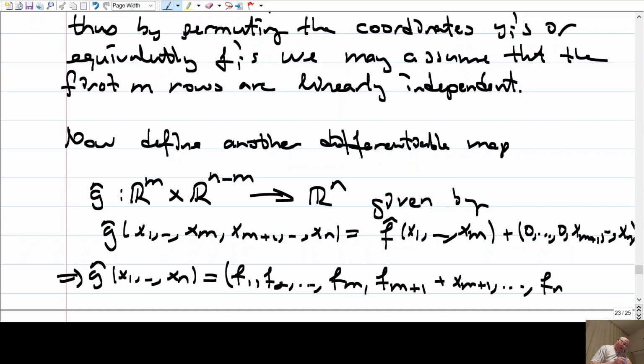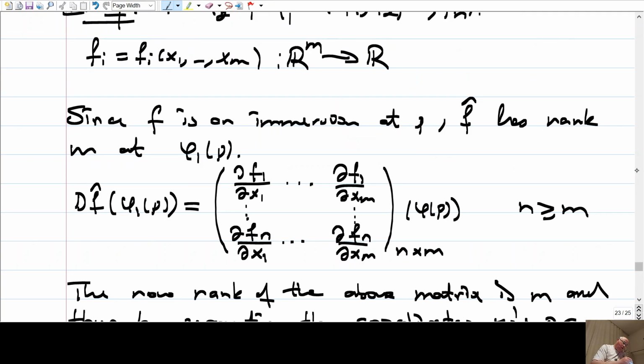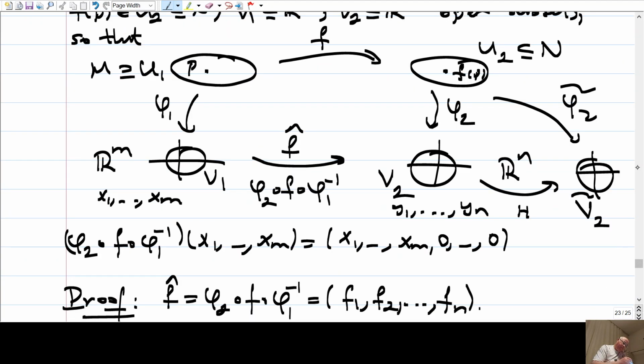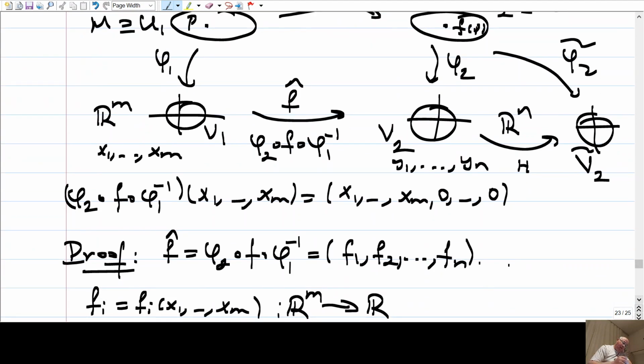And here I have f_n, and then I have x_n. So the original map f was f1 up to fm. After the empty place, I just add the coordinates x_{m+1} and so on.